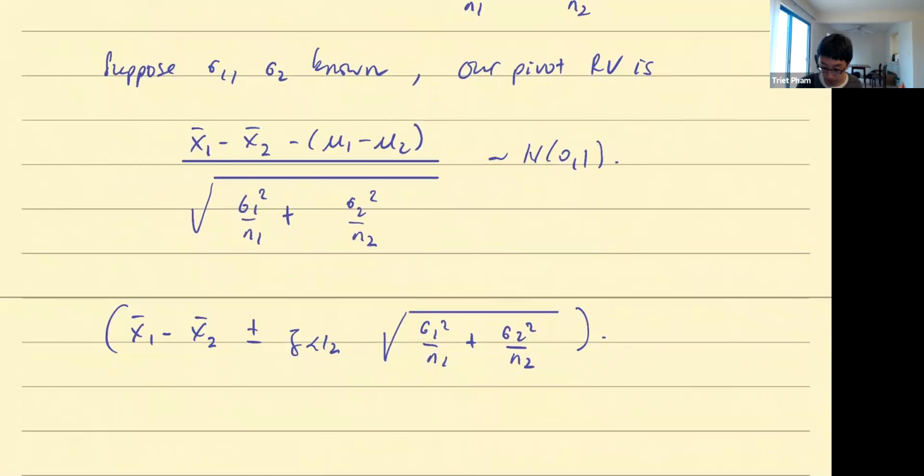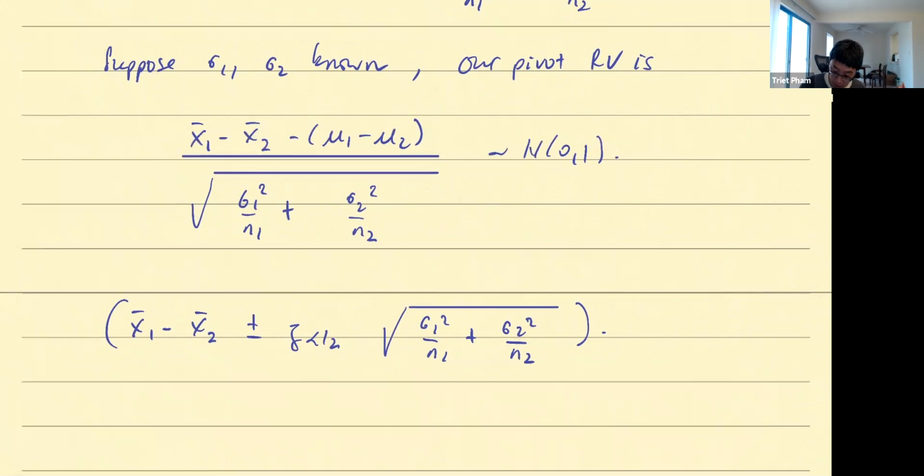Question? Now obviously this is not anywhere near realistic. So the case we're interested in is when sigma 1, sigma 2 are unknown. Let me propose a question.